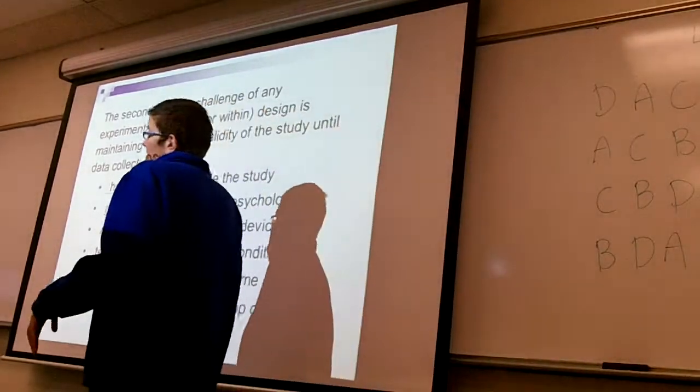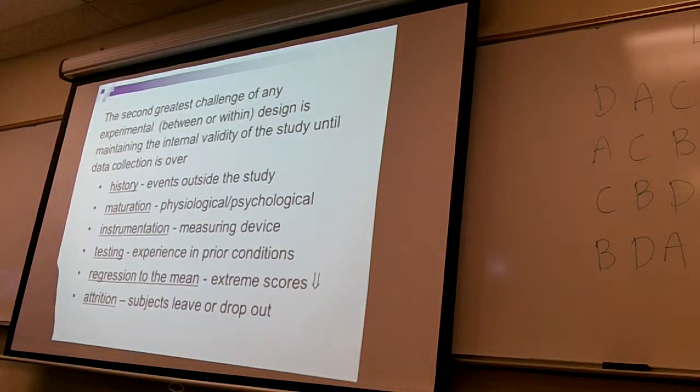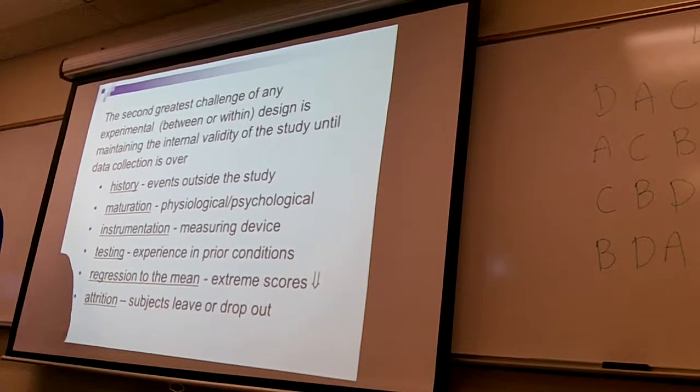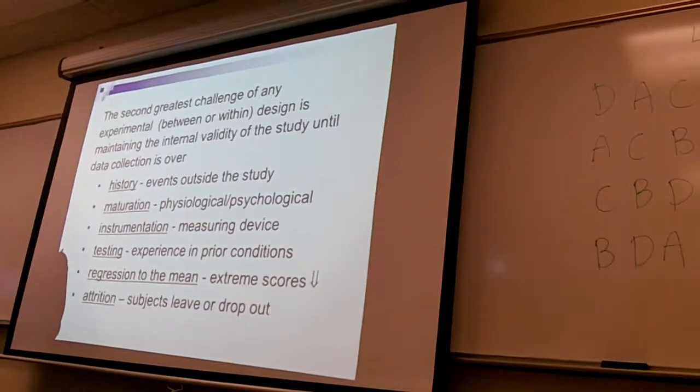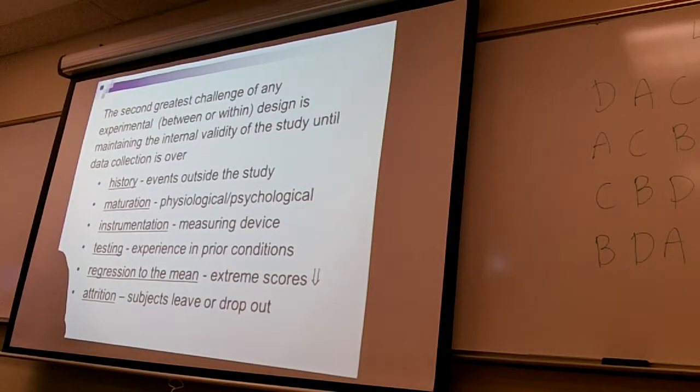So it's not a third variable you can control for. It just is. And if it changes the playing field too much, then you might have to just start over, because the internal validity of your study is so jeopardized at this point that people can say, well, the reason you're getting different answers is because of that big event.